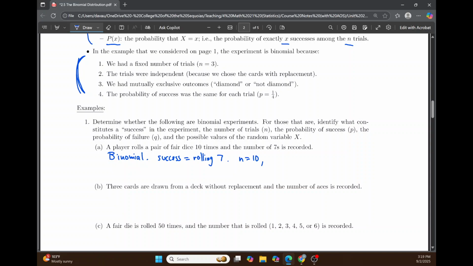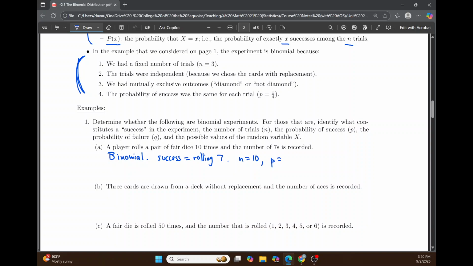The probability of success p, well, this is actually a probability that we've looked at before. Remember that when you roll a pair of dice, there are 36 possible outcomes, and 6 of those outcomes sum up to be 7. You can roll a 1 and a 6, a 2 and a 5, a 3 and a 4, a 4 and a 3, a 5 and a 2, or a 6 and a 1. So there are 6 ways to roll a 7.